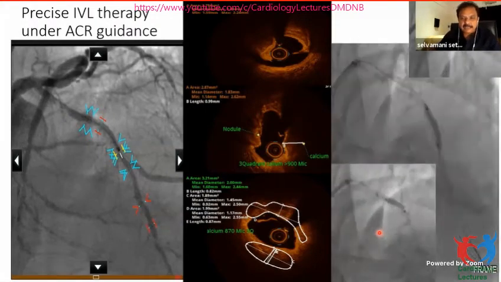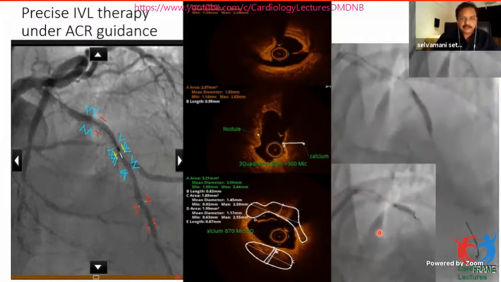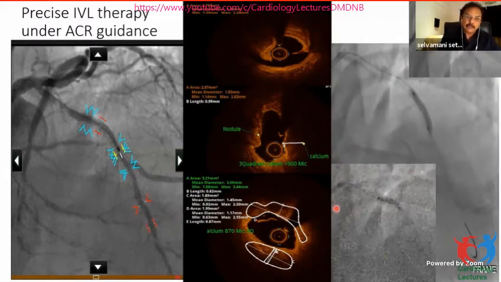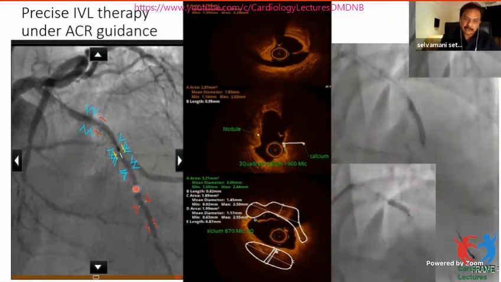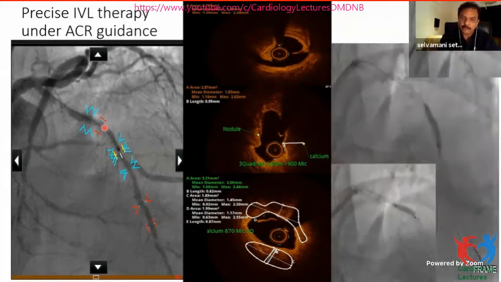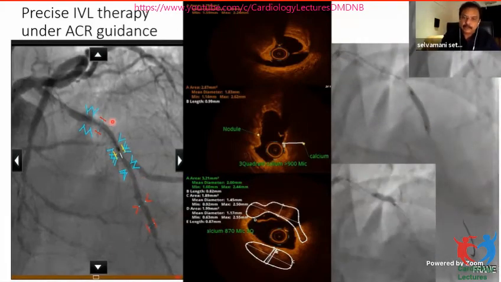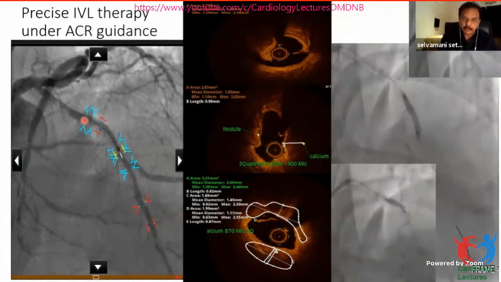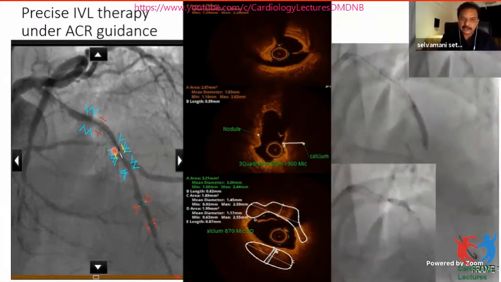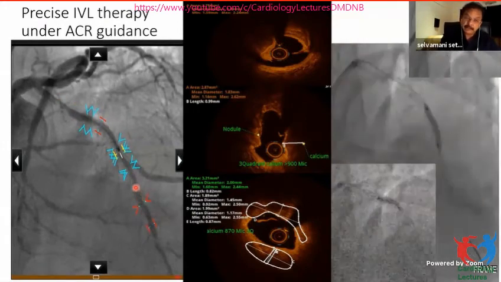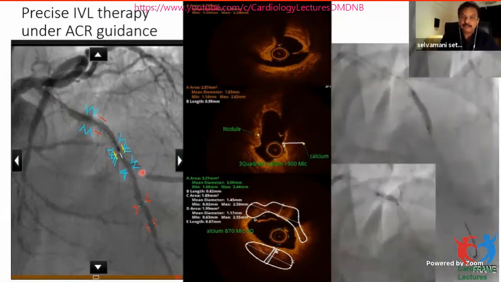You know that IVL has a limitation, it gives only 80 shocks, and you can decide where you want to give more shocks with image guiding, depending on the thickness of the calcium nodule, and you can spare some shocks also if you want to repeat it at some other point after the initial sitting, if possible. But here it was a very long lesion, length more than 50.